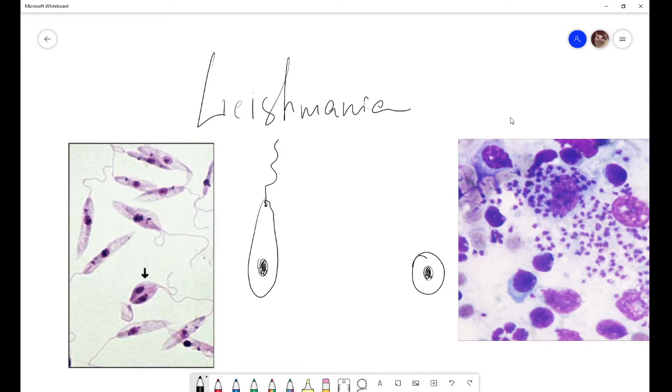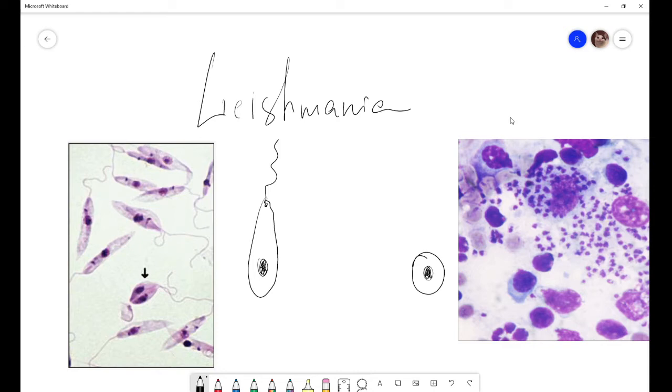Modern science knows two types of diseases caused by Leishmania. One, visceral leishmaniosis, and the other, cutaneous leishmaniosis, or leishmaniosis of skin. Leishmania that infect men have been grouped into two species.